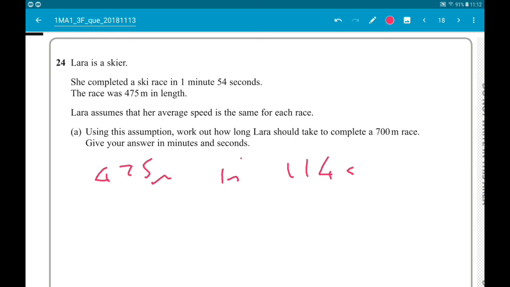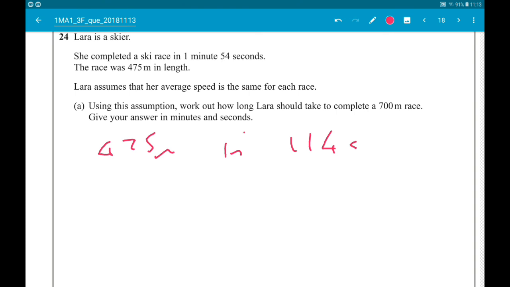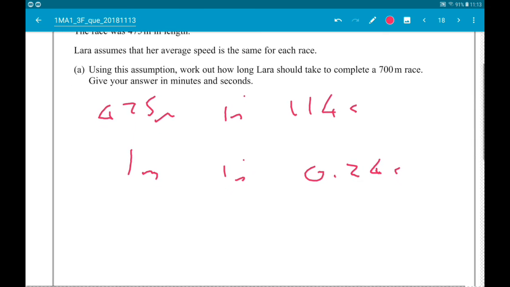So this is a little bit like reverse percentages. We want to turn 475 meters into 700. So if we divide both bits by 475, she will go 1 meter in 0.24 seconds, and then multiply both bits by 700.